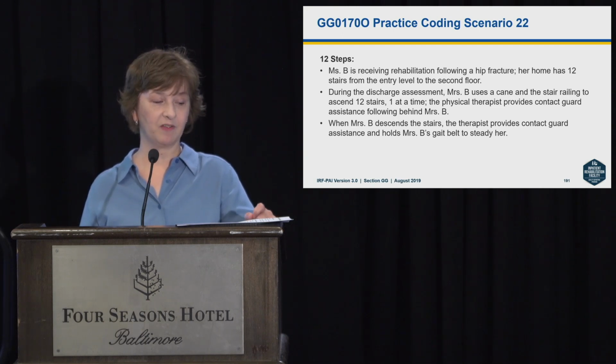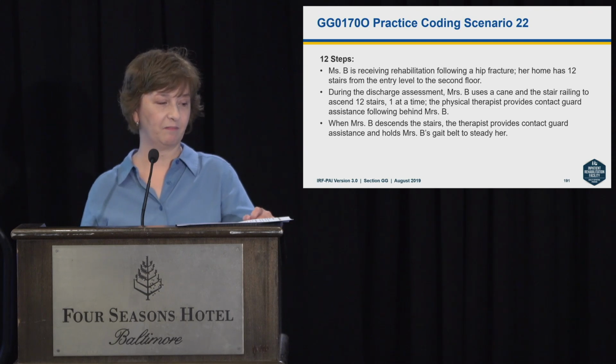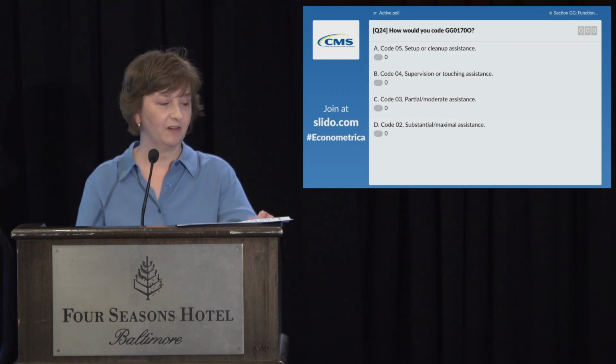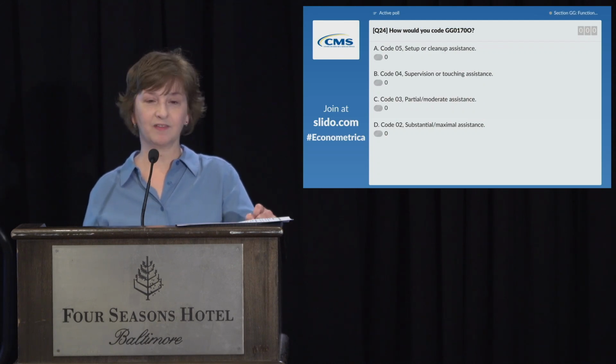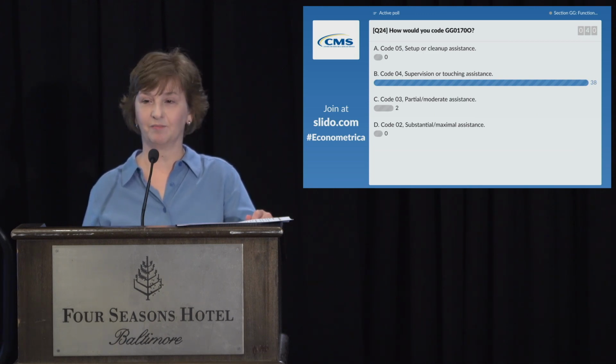The physical therapist provides contact guard assistance following behind Mrs. B. When Mrs. B descends the stairs, the therapist provides contact guard assistance and holds Mrs. B's gait belt to steady her. How would you code this activity? Your options are 05, setup or cleanup assistance, 04, supervision touching assistance, 03, partial moderate assistance, 02, substantial maximal assistance.